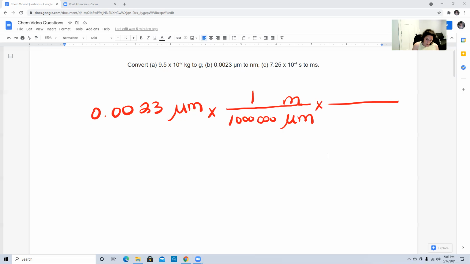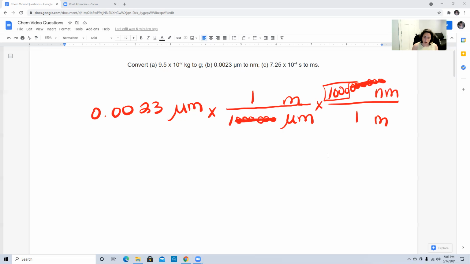And I don't want meters, I want nanometers, so 10 to the 9th for nano is 1,000,000,000. Now notice you've got all these zeros, and in fact, I need 3 more here. You can also cancel zeros. I have 6 zeros down here, so I can cancel 6 of the zeros up here.